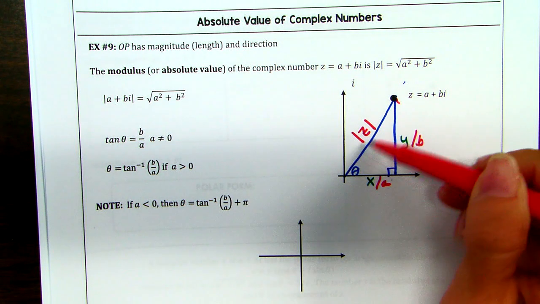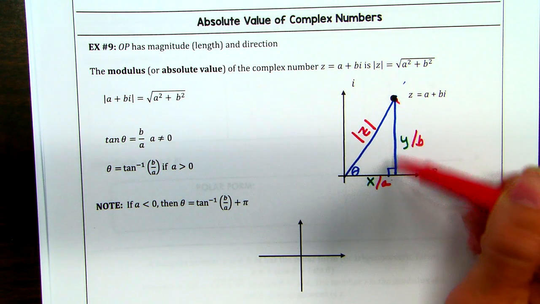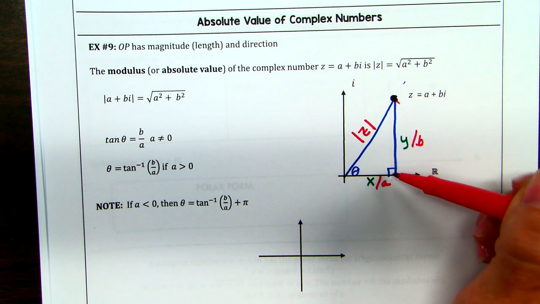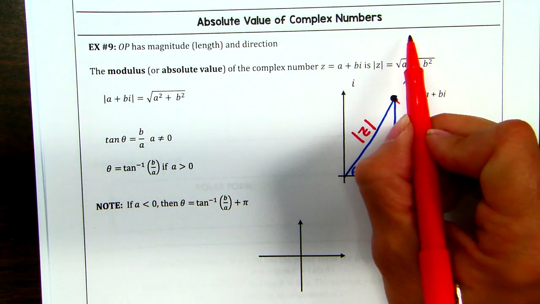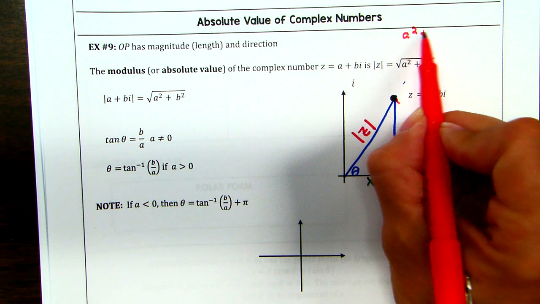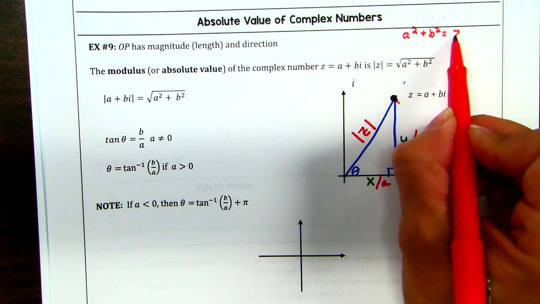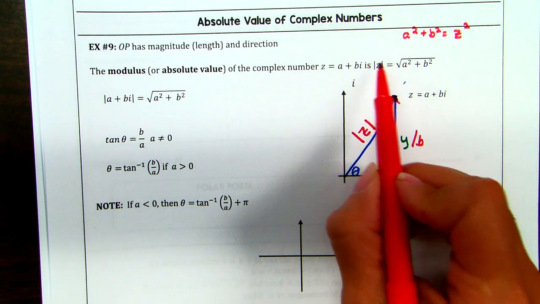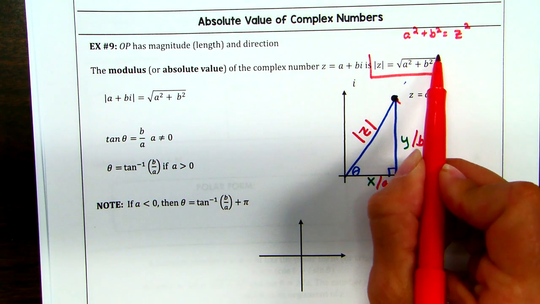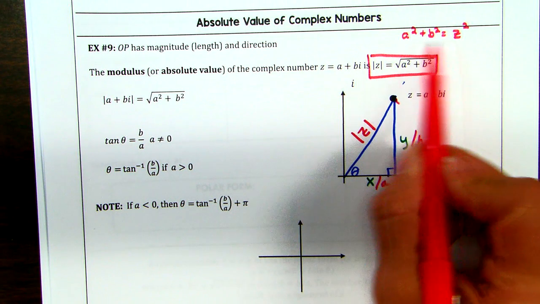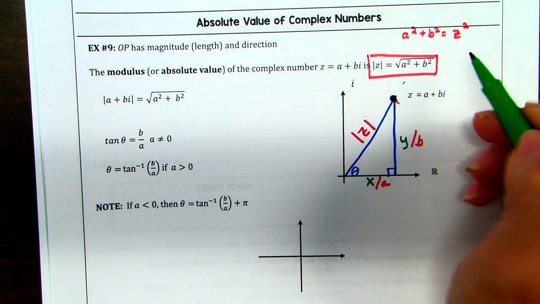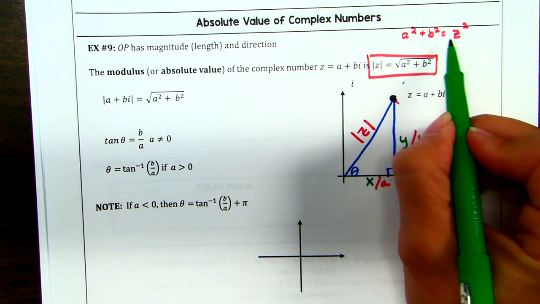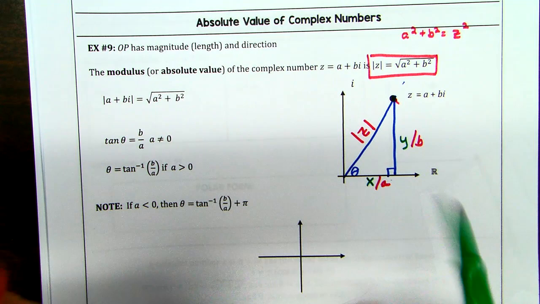Well, what if I want to find the hypotenuse of this right triangle? We would use the Pythagorean theorem, right? So that would be a squared plus b squared equals z squared. This new formula that you're about to see is just a modified version of that. It's actually the easier way of doing the Pythagorean theorem. It just takes us to the step where you just plug the numbers in.